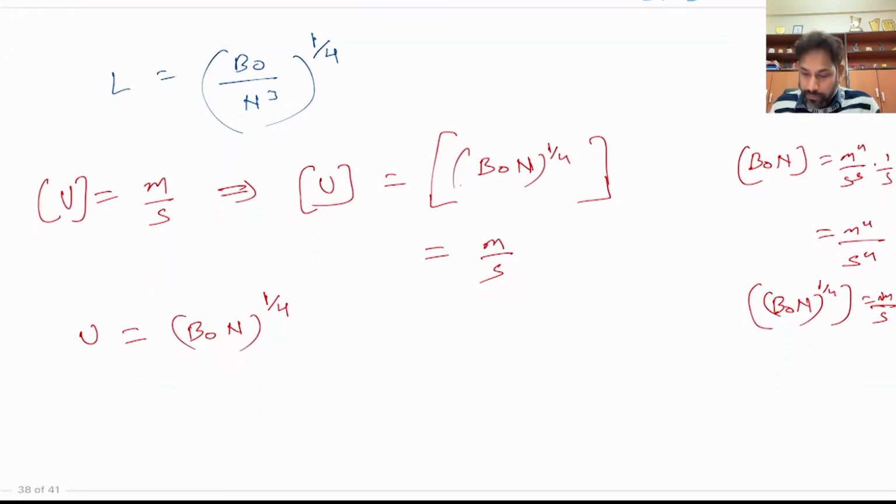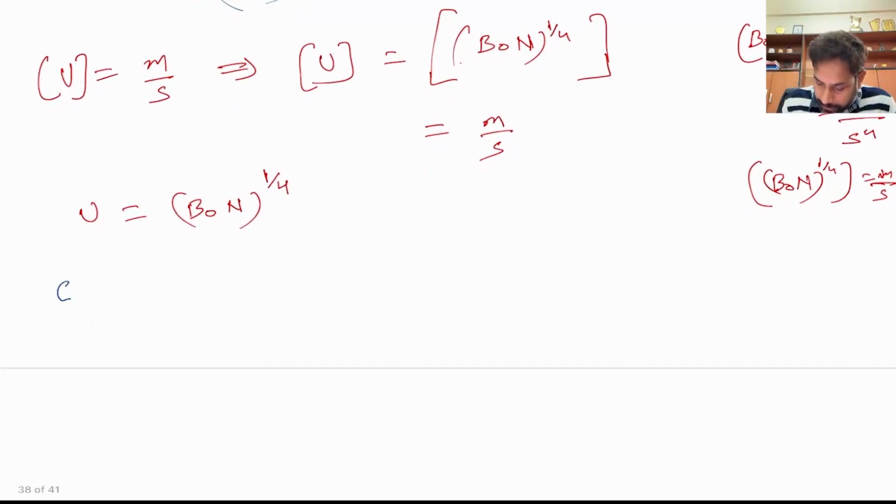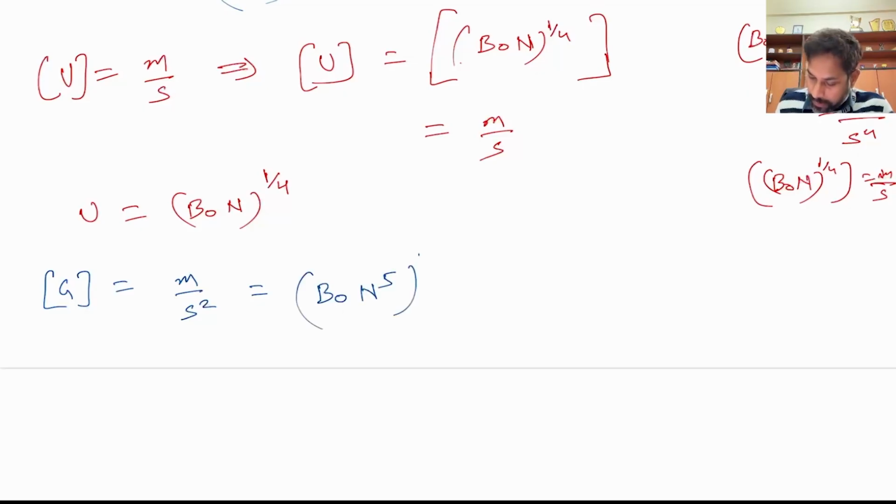Characteristic length scale we already defined, and now we will define characteristic reduced gravity, which has the unit of meter over second square, the same as the gravity unit. If we want to use b naught and n, we apply a similar procedure, and that gives us b naught n to the power 1 by 4 to the power 5, whose dimension is the same as meter per second square.